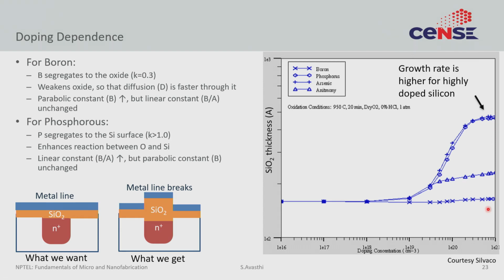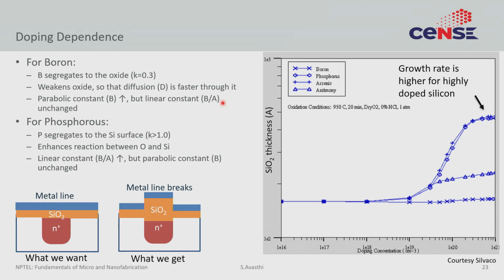And in fact, this enhancement or increase in the growth rate is most severe for N-type impurities such as phosphorus compared to boron. So, boron also slightly enhances, but the phosphorus and arsenic enhance significantly. So, these two curves are significantly higher. And the reasoning for that is actually very elegantly understood in terms of the simple Deal-Grove model.